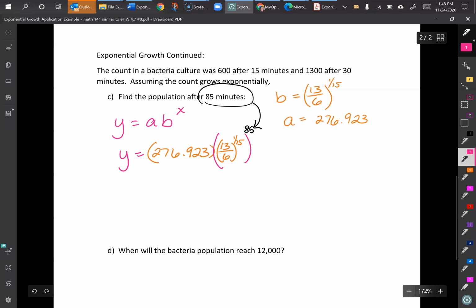And I should get, when I do that, about 79.9506. And then just keep that on your calculator, multiply it by 276.923. And you should get 22,140.169 bacteria.